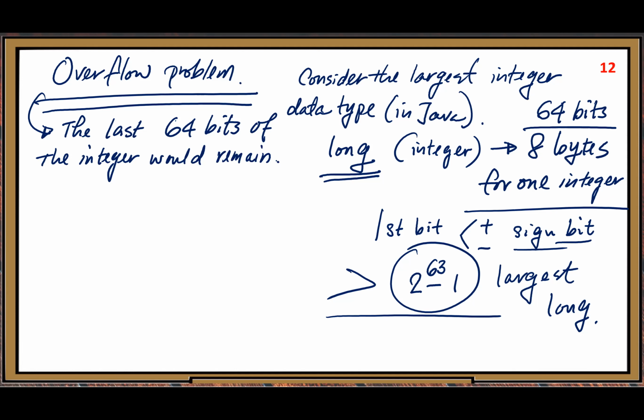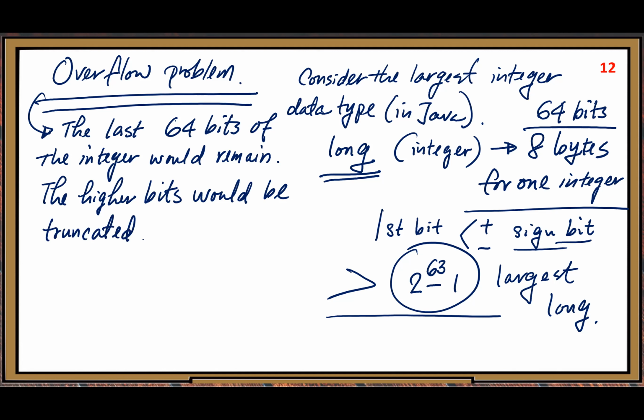The bits higher than the last 64 bits would be truncated. When this overflow problem occurs, you get a wrong answer. Your polynomial value would be wrong.